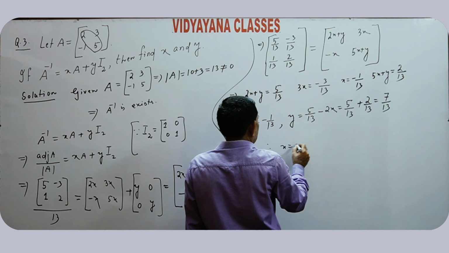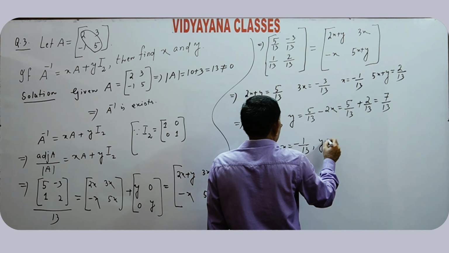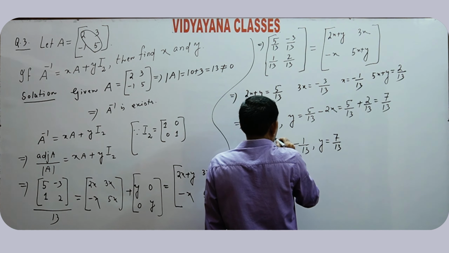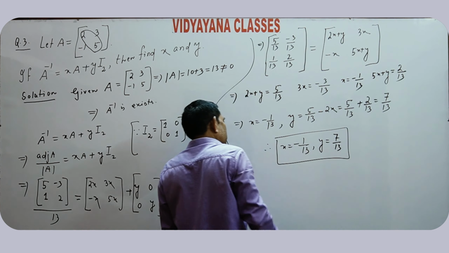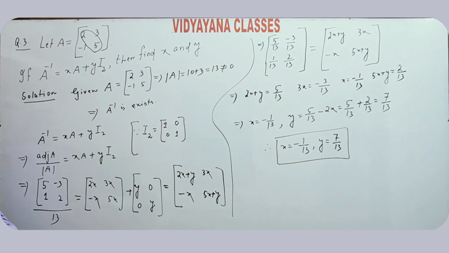Therefore, x is equal to minus 1 by 13 and y is equal to 7 by 13. Clear? Okay, write down.